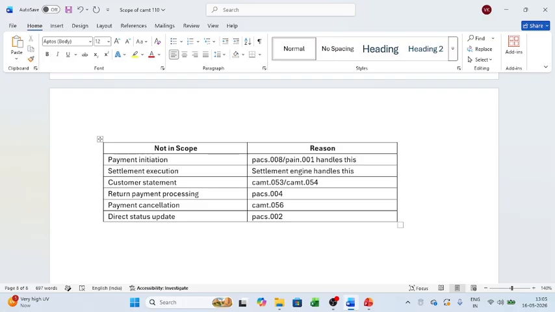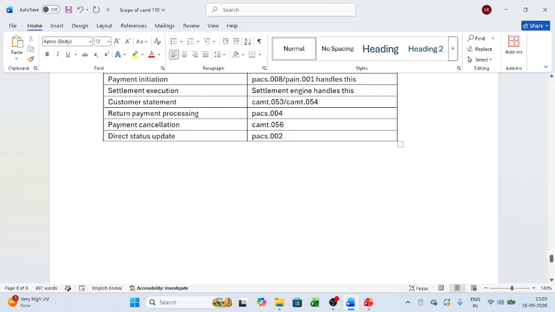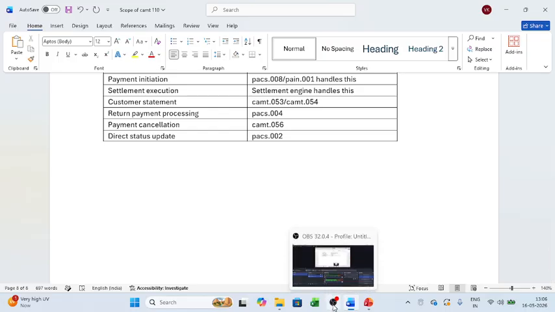Whenever the beneficiary bank sends the return to the sender bank, you never get a pacs.004. At that time you can do the inquiry: you need to send the investigation request, the camt.110, and you get the response. And the direct status update is pacs.002. Whenever the pacs.002 is not triggered, in that place you can generate the camt.110 investigation message.